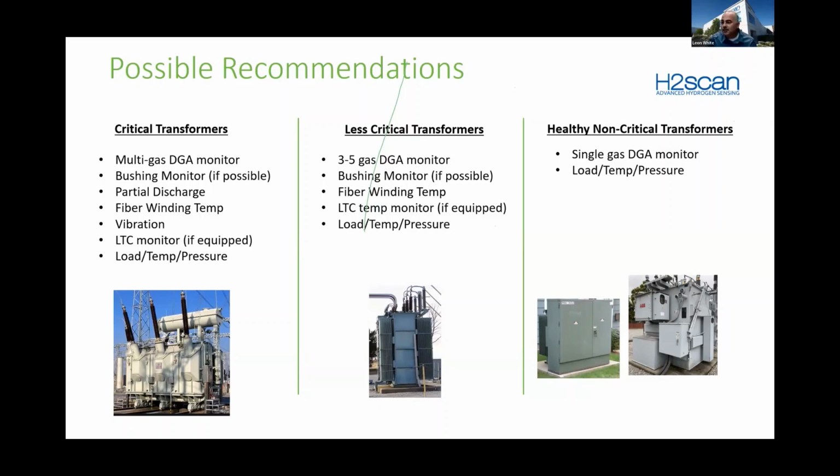As you get down to less critical transformers, you typically put less monitoring on, as we show there. And on healthy and non-critical transformers, a lot of people put single gas DGA monitors, and depending on the features of the monitor, you can also monitor easy things like load, temperature, and pressure.